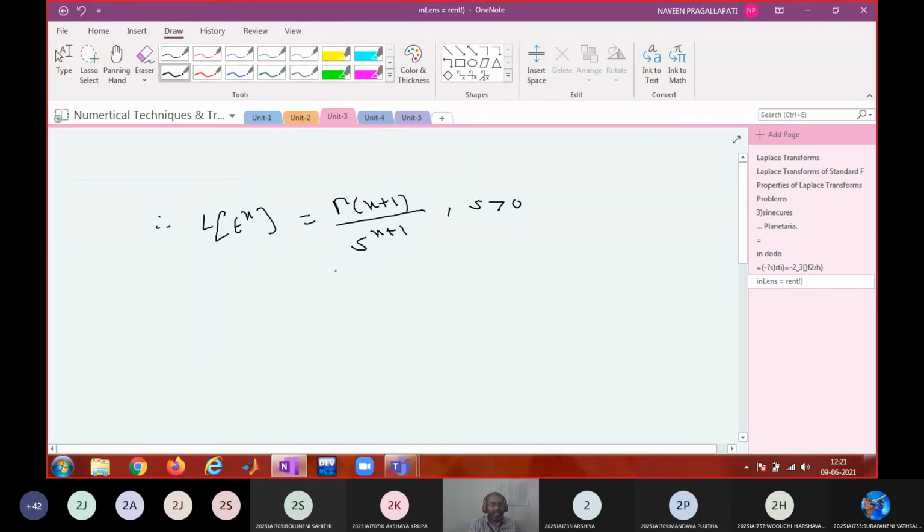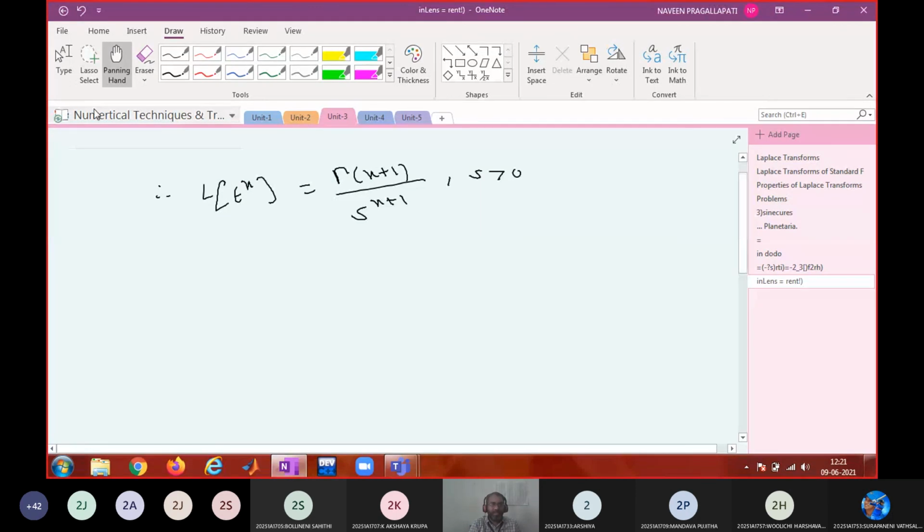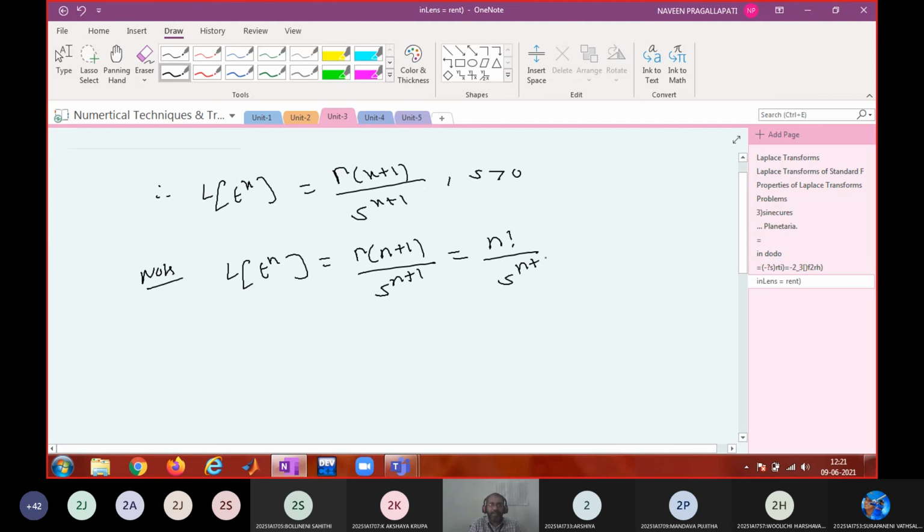So whenever gamma is defined for those values of x, Laplace of t power x exists. For which values of x is Laplace not defined? Special case: what is Laplace of t power n? Gamma of n plus 1 by s power n plus 1. But what is gamma of n plus 1? n factorial by s power n plus 1.